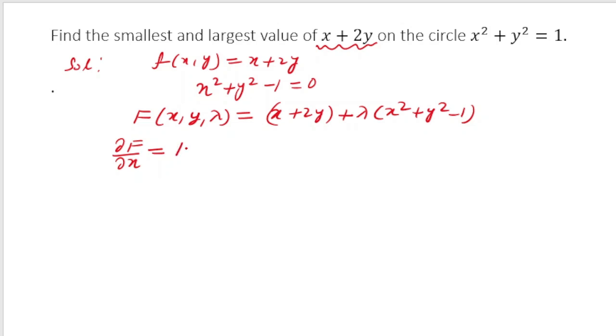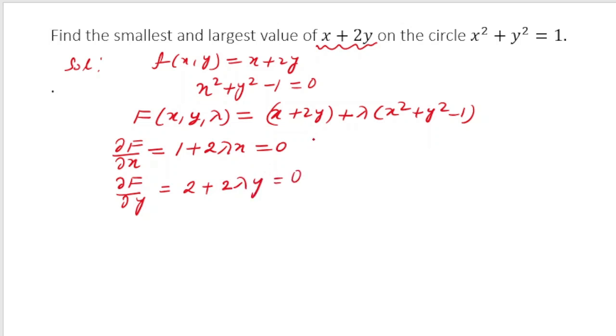I will get 1 from here, and from the second I will get 2 lambda x, and that I have to put equal to 0. And we differentiate again with respect to y. I will get 2 plus 2 lambda y is equal to 0.